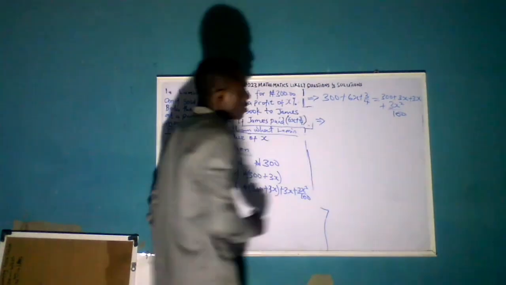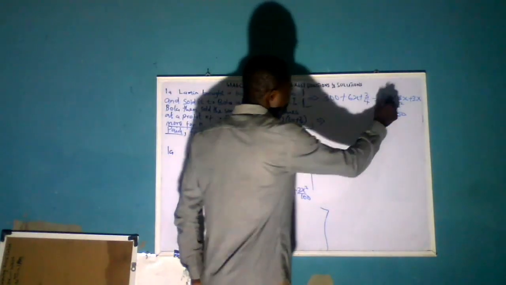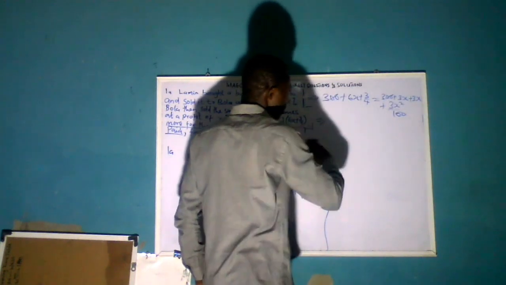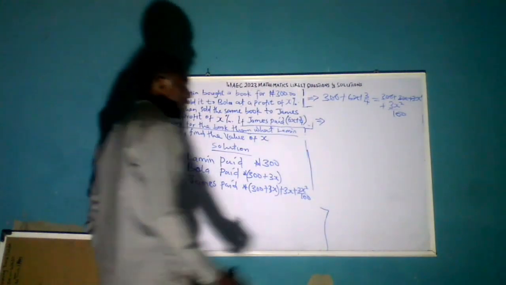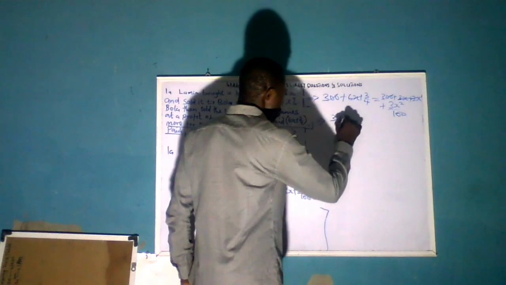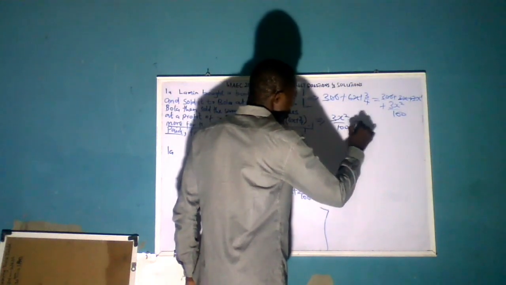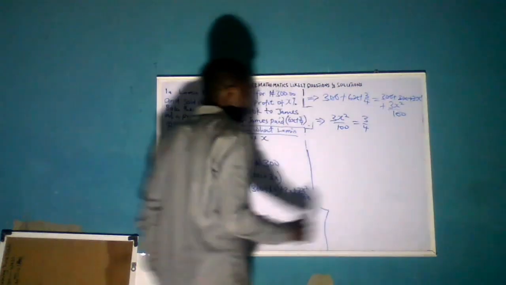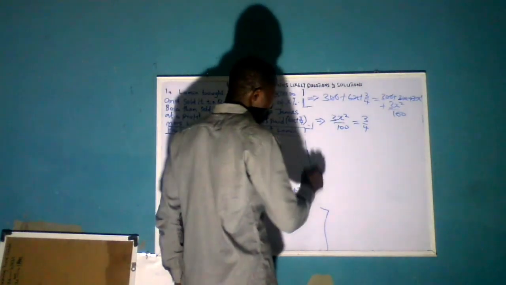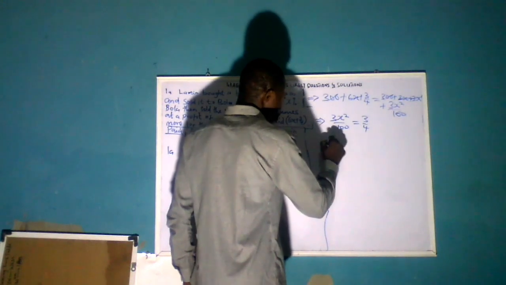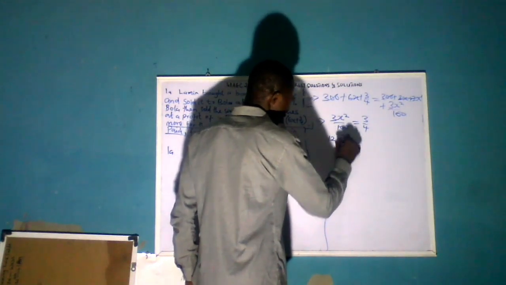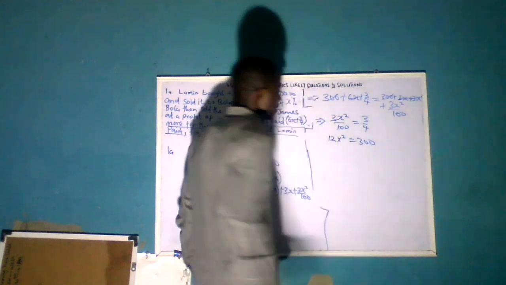Let's simplify this. By simplifying it, we have 300 here and 300 here. Of course, 300 will cancel 300, and 6x will cancel 6x. We are left with 3x squared all over 100 equals 3 over 4. When you do cross multiplication, we have 12x squared equals 300.